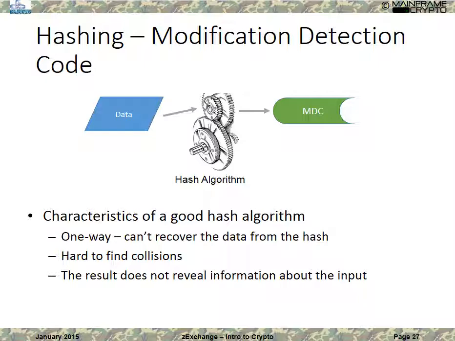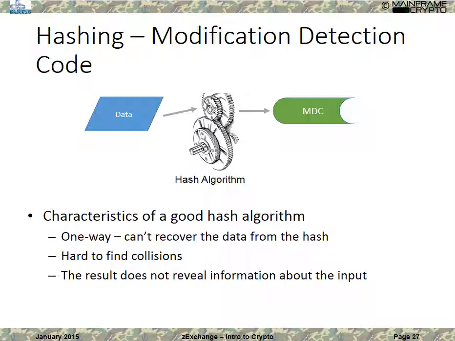You run the message through the same hash that I ran it through, and if you come up with the same modification detection code value that I sent you, you know that the message has not changed in transmission, that there weren't bits or bytes dropped in transmission, either deliberately or accidentally. So you have some confidence that the message is as I sent it.